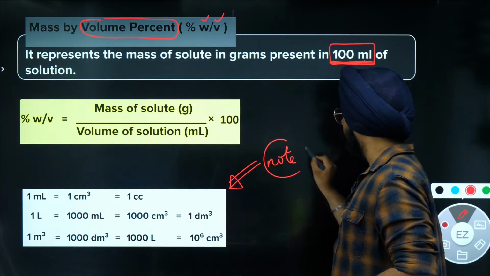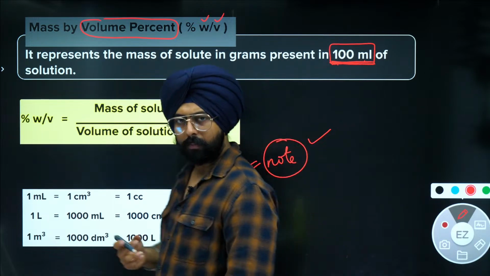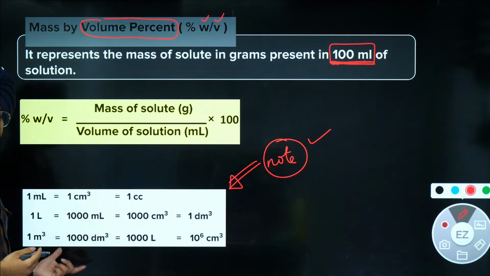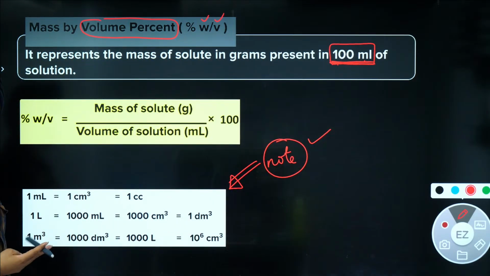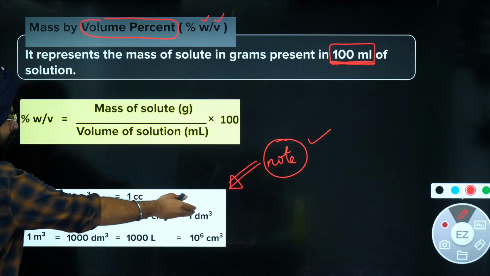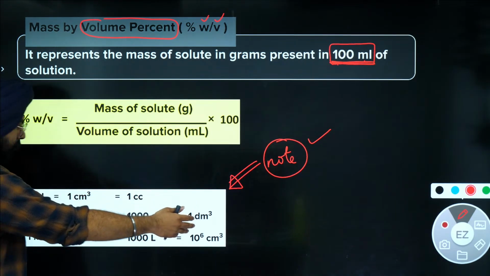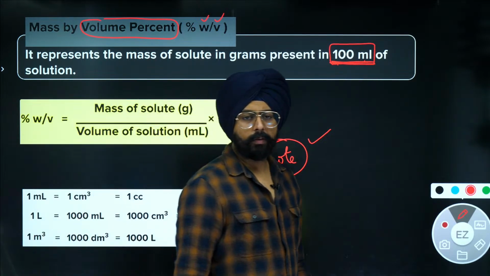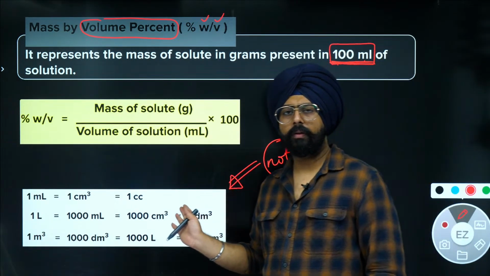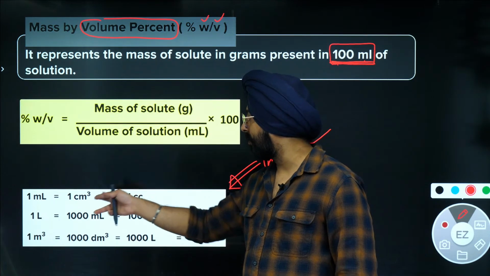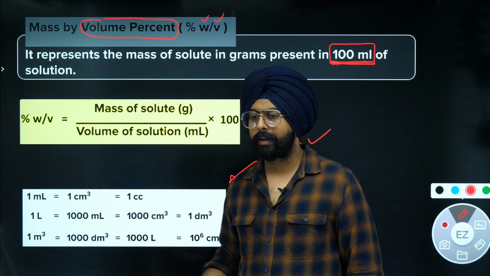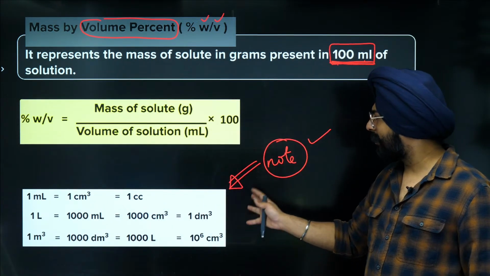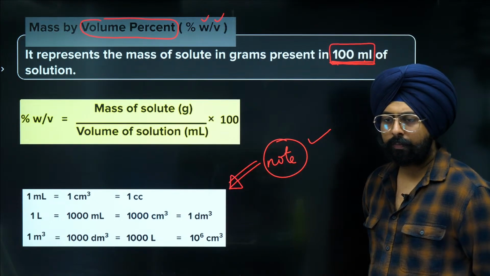This will be very helpful for your JEE, because a lot of times they play with units. They will give you the volume in decimeter cube and they will ask the answer in centimeter cube, etc., etc. So just read this and write it down if you can.